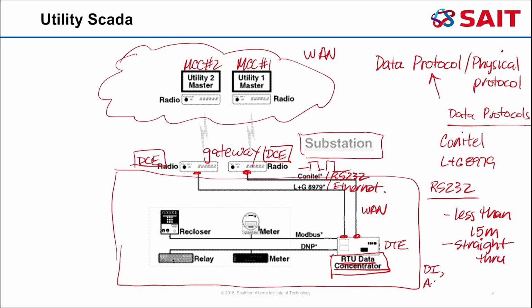There's not a lot of AI, or 4 to 20 milliamp connections, where there's hardwired field loops that are being digitized or interpreted by the RTUs. And that's simply because the devices that are in these locations are smart devices.